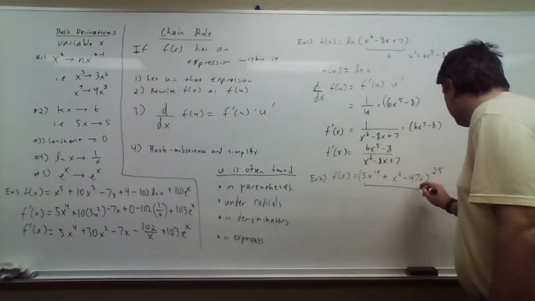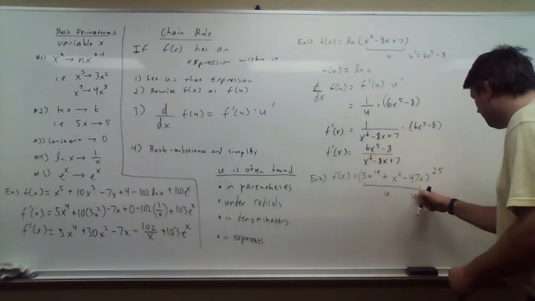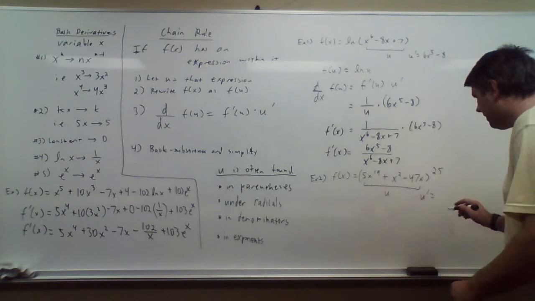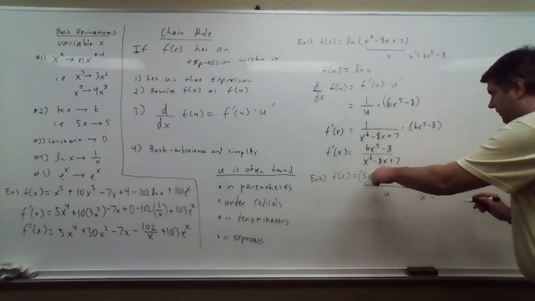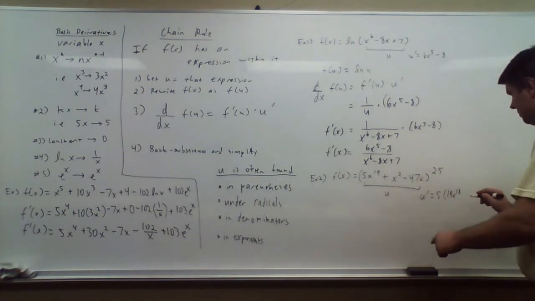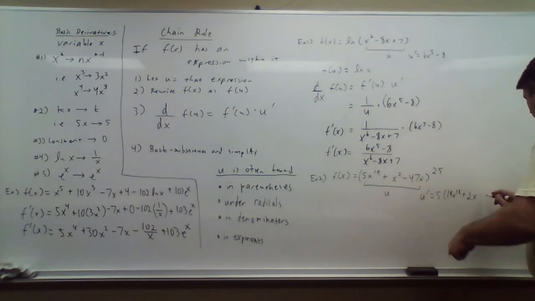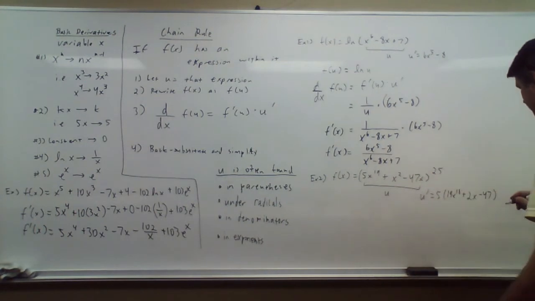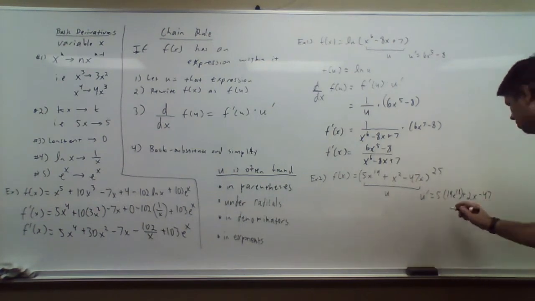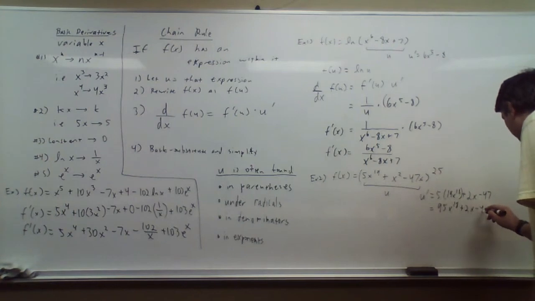This will take the role of u, so u prime would equal 5 times 19x to the 18th plus 2x, minus 47. I forgot to put this in parentheses. So u prime would be 95x to the 18th plus 2x minus 47.